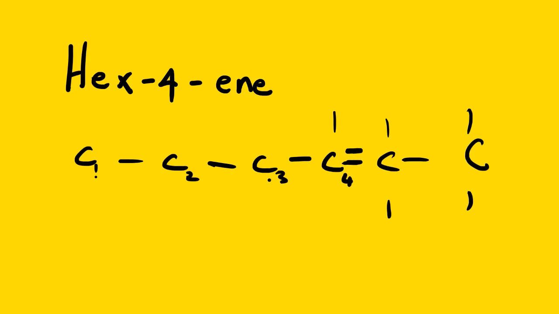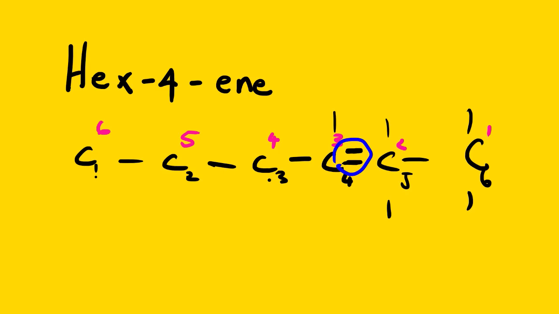But you can check that if we count from left to right and from right to left, we have 1, 2, 3, 4, 5, 6. It's 1, 2, 3, 4, 5, 6. You can see that the double bond is between 4 and 5, but when you count from here, it's between 2 and 3.